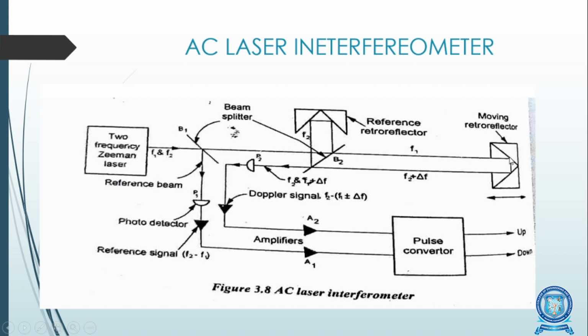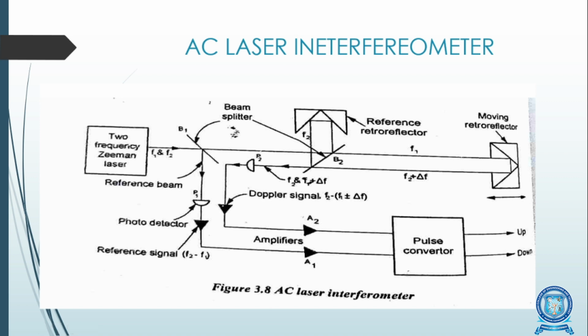According to the length of this moving retroreflector, we can find out the distance. It reflects to the same point collected at the beam splitter, and directly moves to photodetector 2.